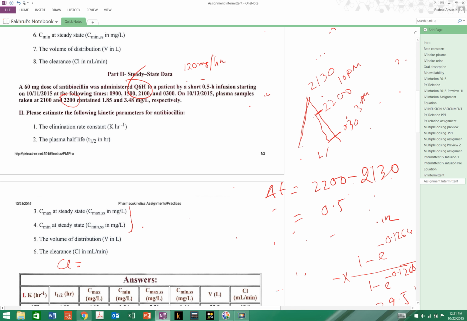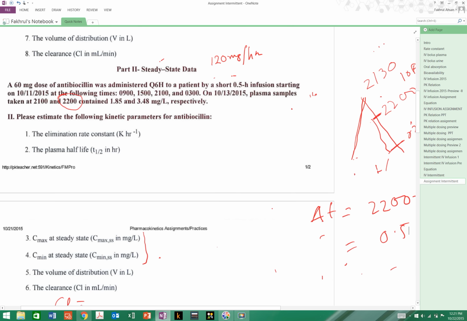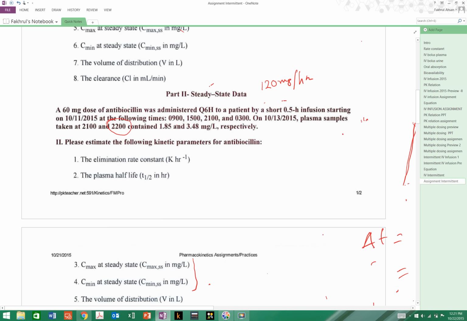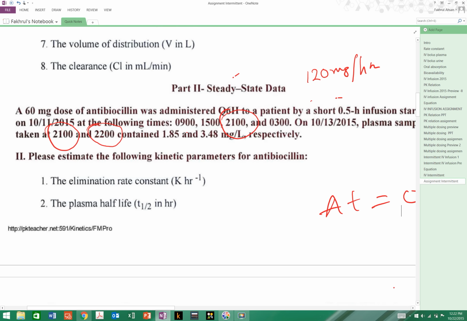But in case of Cmin, it's 0, because if you look, I'm just trying to emphasize this, the time the dosing interval ended, the sample was taken. So that's why your delta T is 0 here. So you always have to be careful that this is the dosing interval, and this is the start, because it is always giving time.